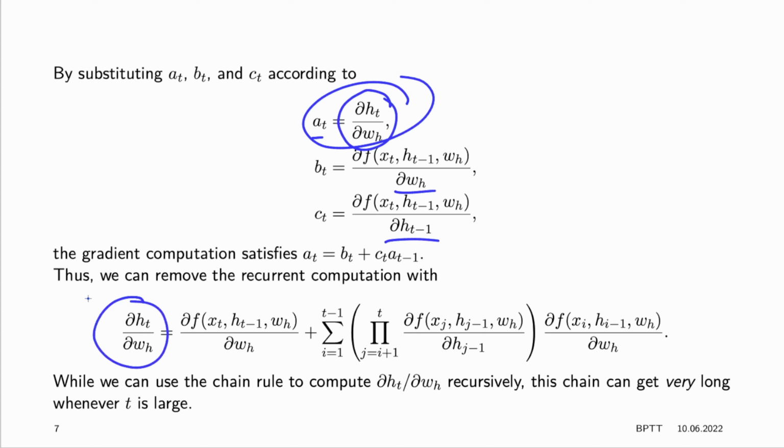The derivative of h_t with respect to w_h is equal to the derivative of f at h_{t-1} with respect to w_h plus the sum over index i equals 1 through t minus 1 of the product over index j equals i plus 1 through t of the derivative of f at h_{j-1} with respect to h_{j-1}, times the derivative of f at h_{i-1} with respect to w_h.